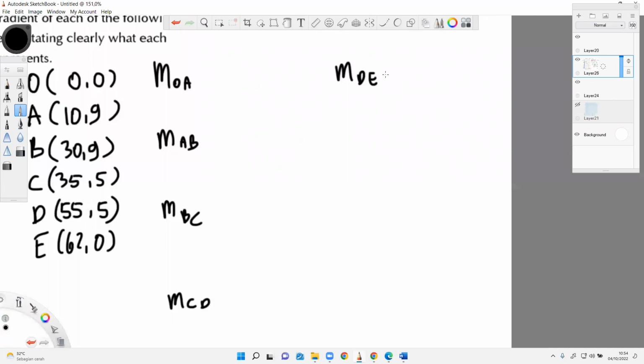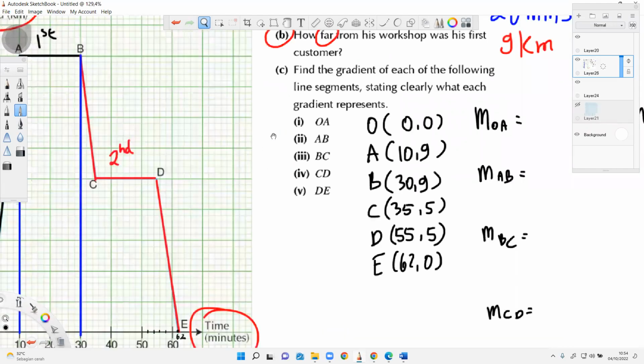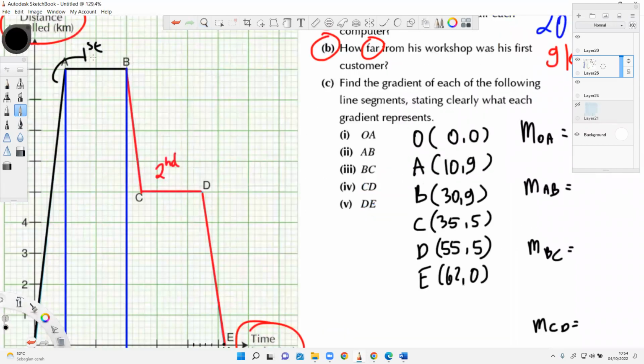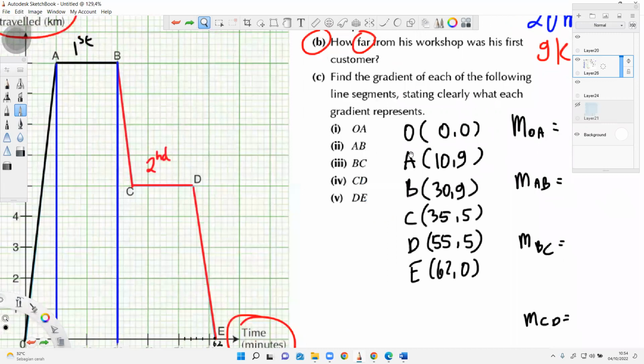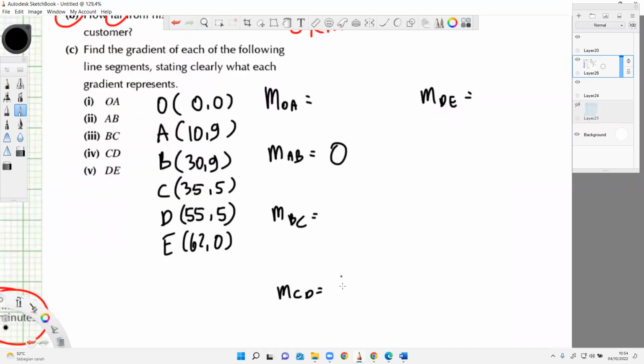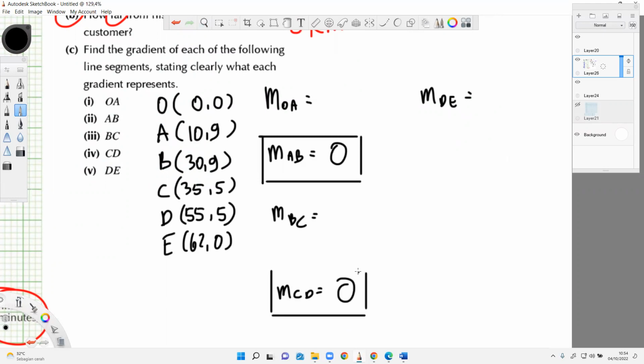Look at the easy graph. Which is the easy line? AB and CD. It's very, very easy. Why? It's a flat line. That's right. A flat line means the gradient is 0. So we have a bonus here. AB and CD, you already have 2 answers without any formula. Get it?